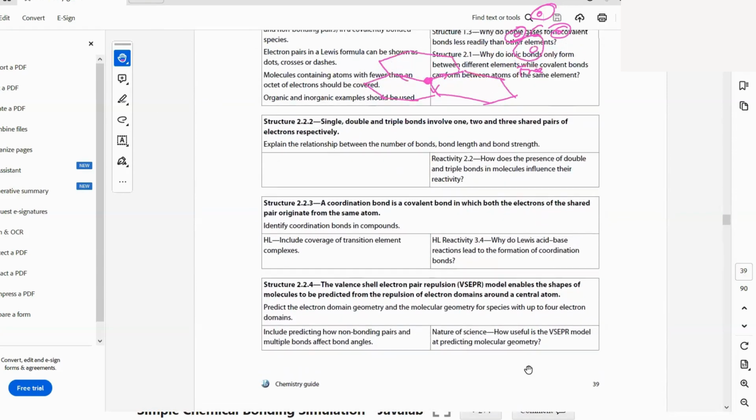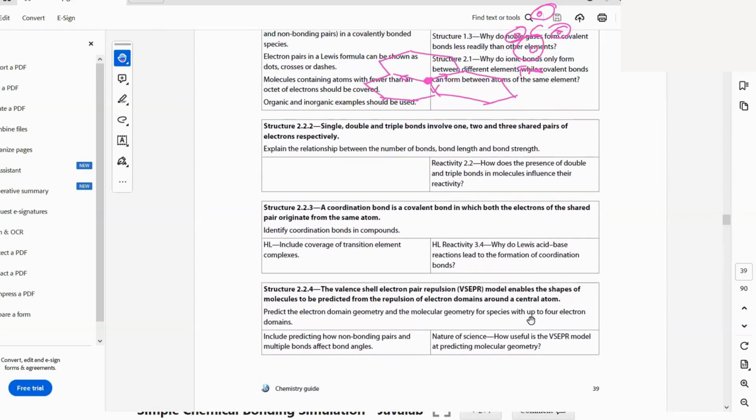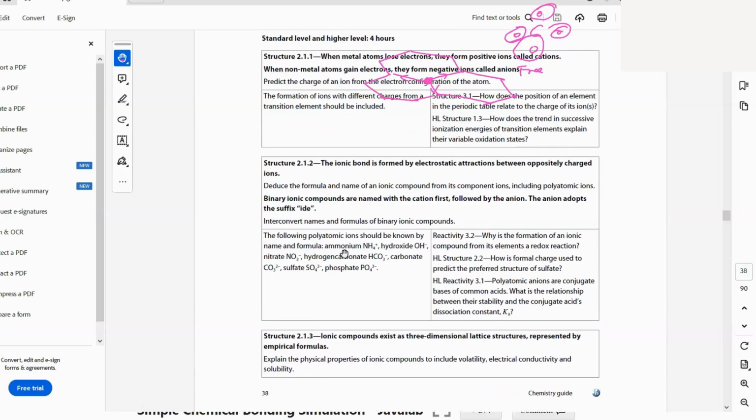Then comes the important part, the actual DP concept, determining the structure of compounds using VSEPR theory. It will be very easy, very interesting. Apart from that, just go through all this, structure 2.1.2.